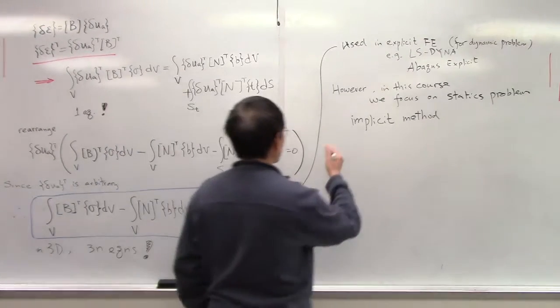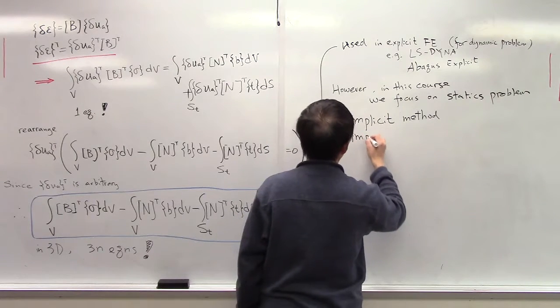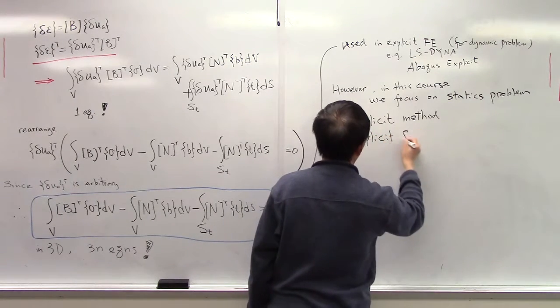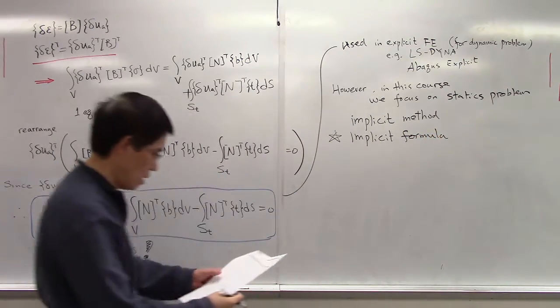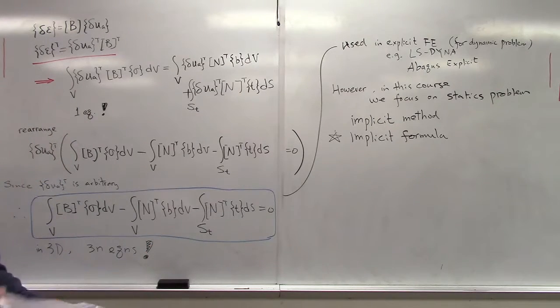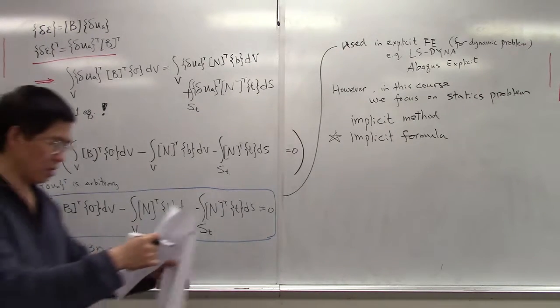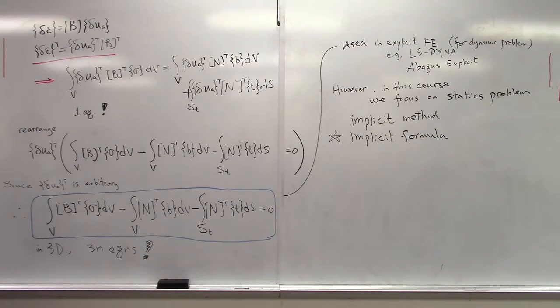Now, let's derive the implicit formula. We assume that the material is linear elastic, okay?